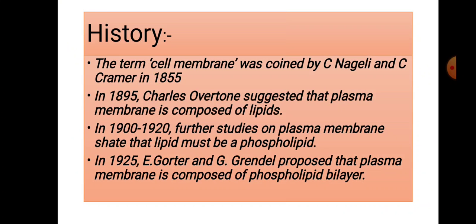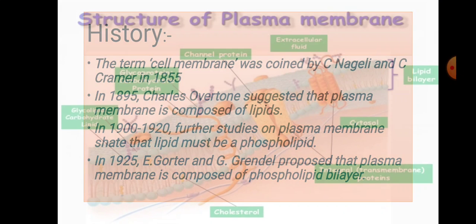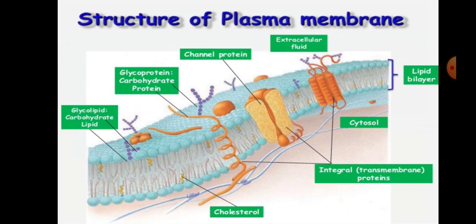In 1920, further study on plasma membrane showed that the lipid must be phospholipid. In 1925, E. Gorter and G. Grendel proposed that the plasma membrane is composed of a phospholipid bilayer. Structure of plasma membrane.